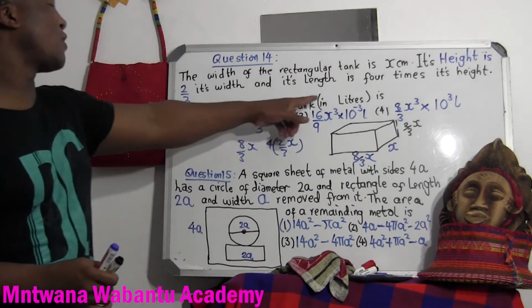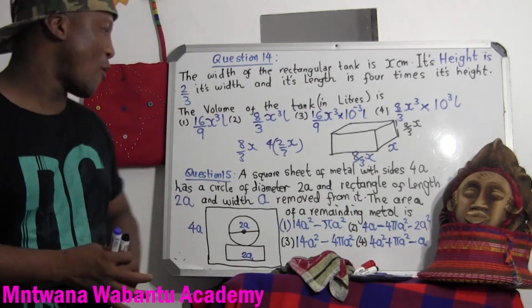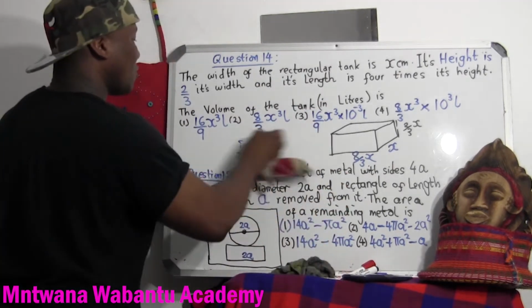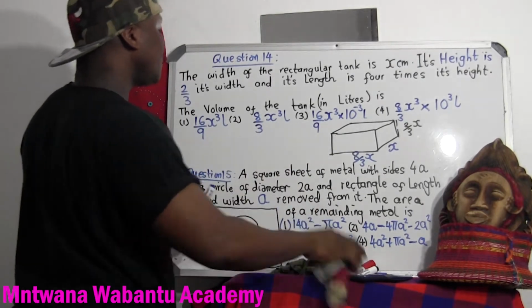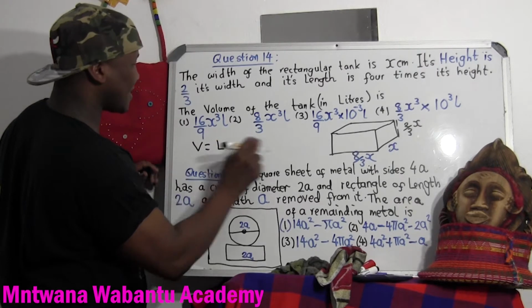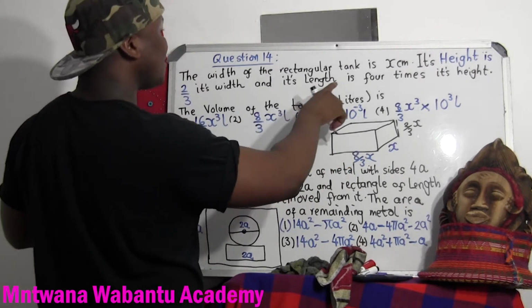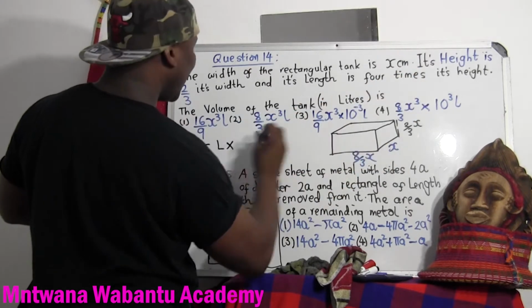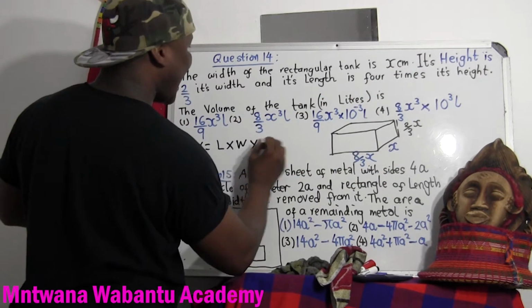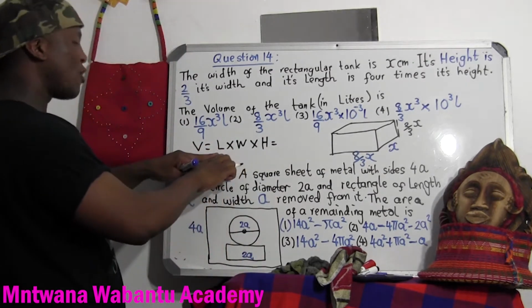We want to find the volume of the tank, but in liters. First and foremost, before we go for liters, let's get the normal volume. How are we going to get the volume of a tank? Volume of a tank equals length times width times height.